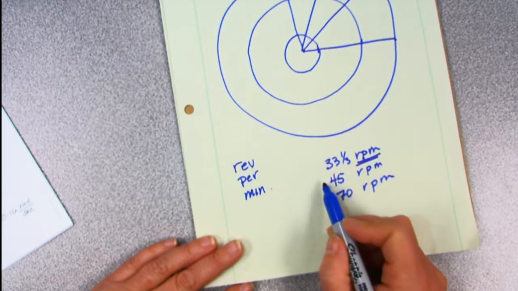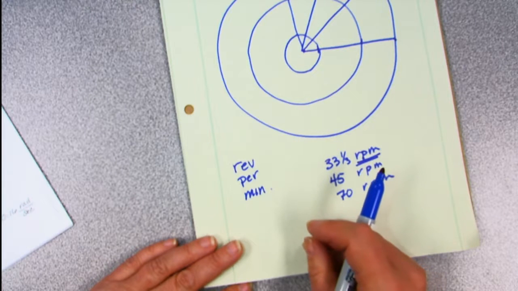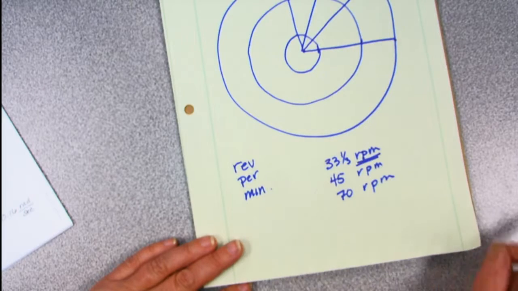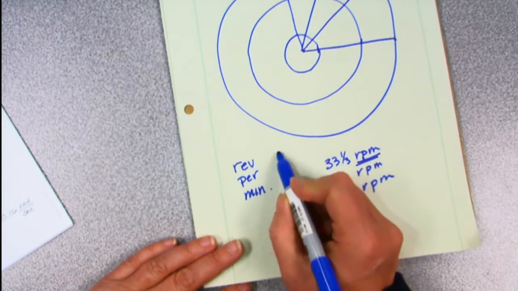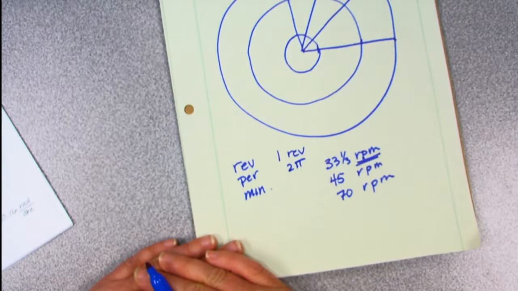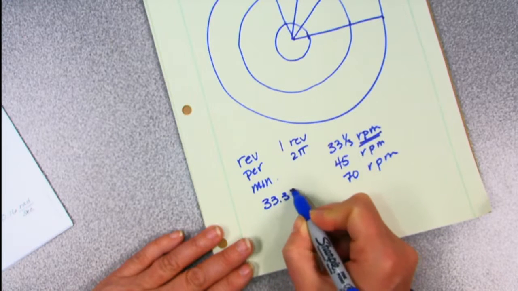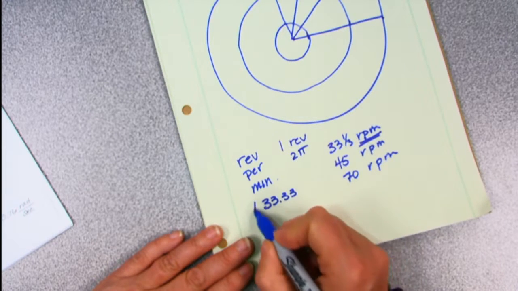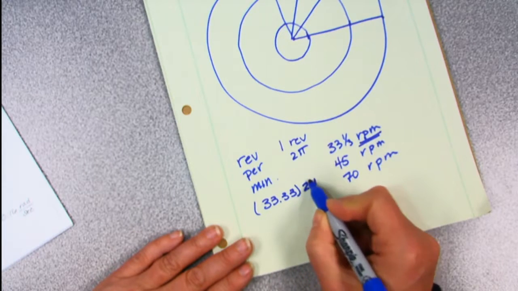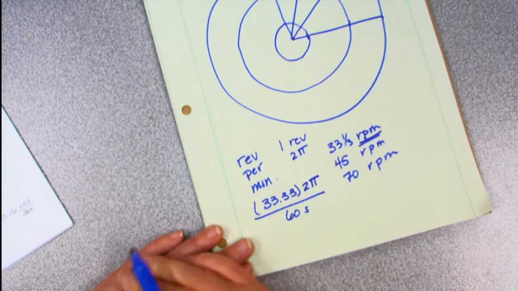So if I'm converting, and you're going to get homework problems that talk about this, you're going to go, wait a second, they haven't given me the speed. Yeah, they did. They gave it to you in revolutions per minute, which means 1 revolution is 2 pi in terms of angle. So if I'm doing 33 1/3 revolutions per minute, I'm doing 33.33 times 2 pi angles per minute, which is 60 seconds.